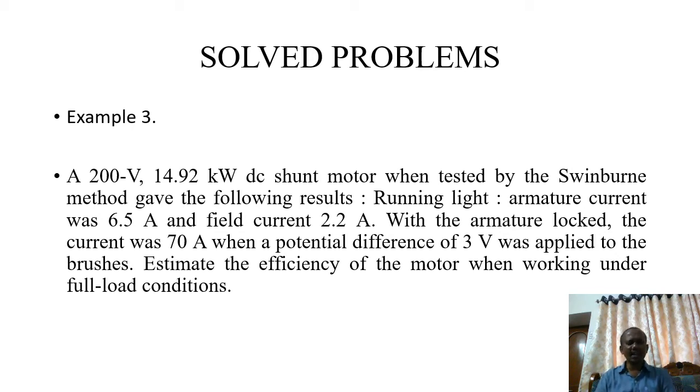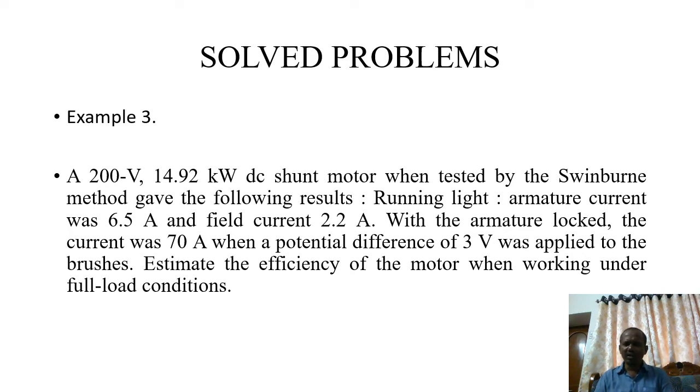So here you can see a 200 volt, 14.92 kilowatt DC shunt motor, when tested by the Swinburne method, gave the following results. Running light, armature current was 6.5 ampere and field current was 2.2 ampere.